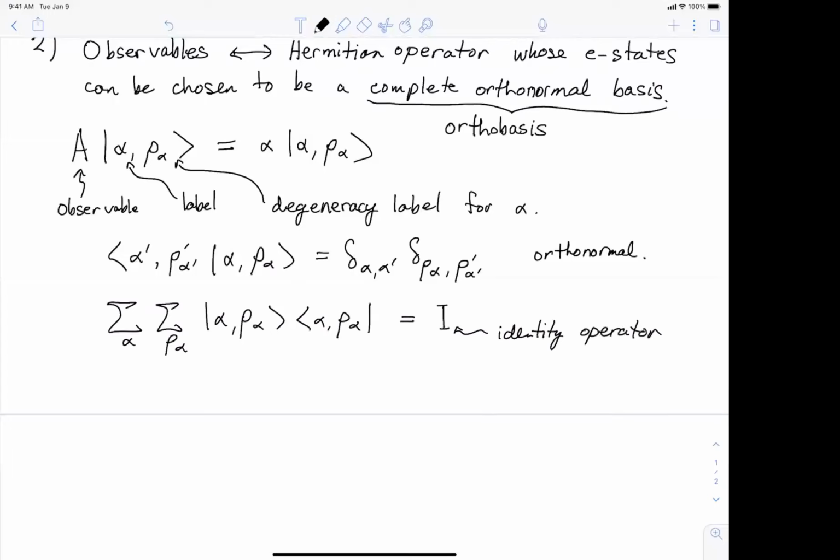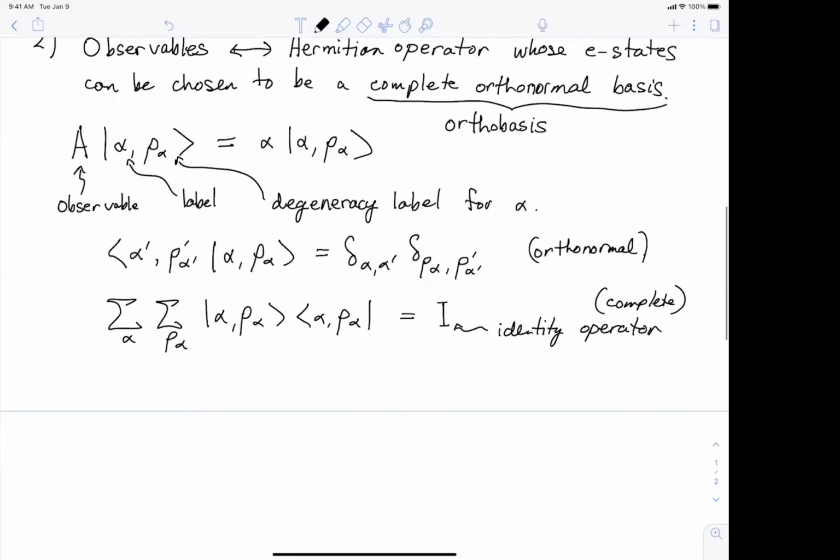The identity operator is I, and so this is orthonormal, and this is complete. And so it's possible to invent Hermitian operators that don't satisfy this. And if you find such a thing, it is not an observable.